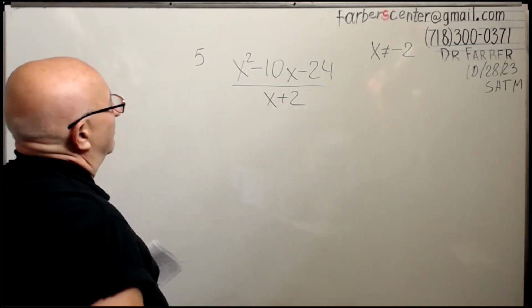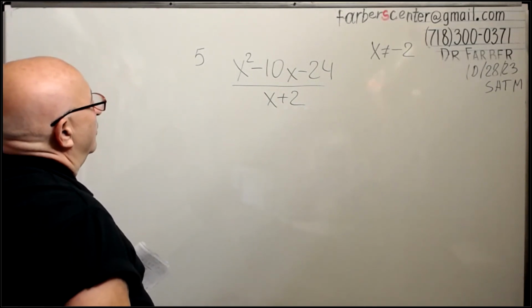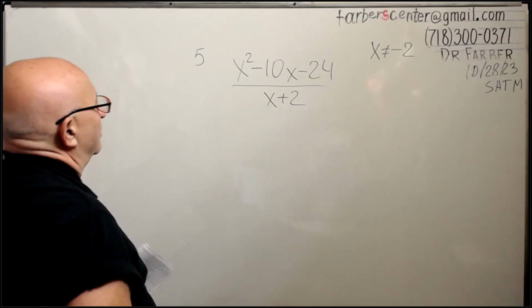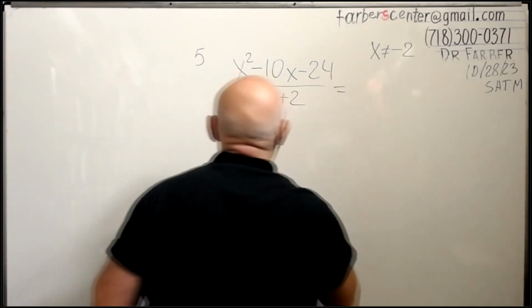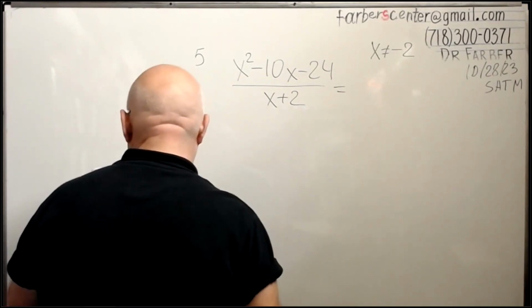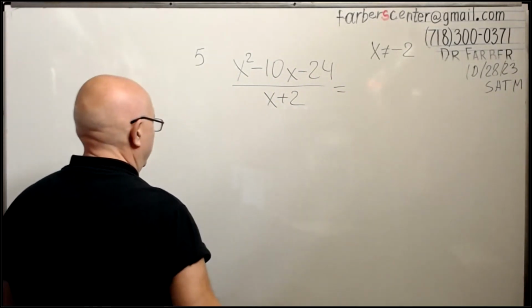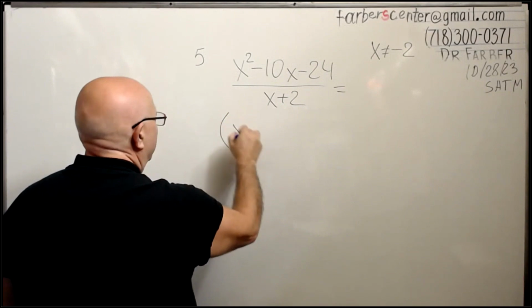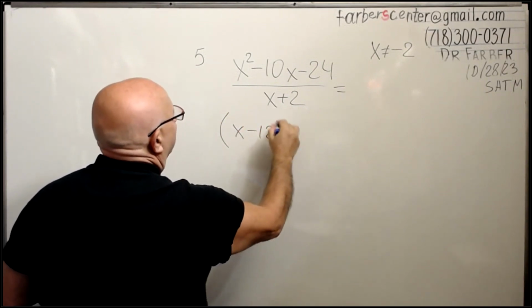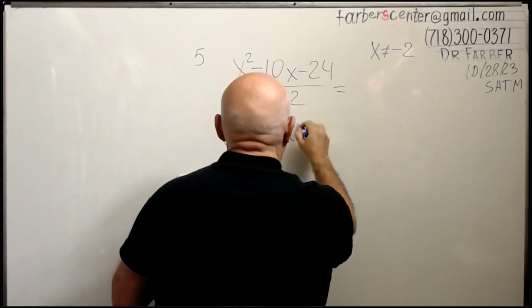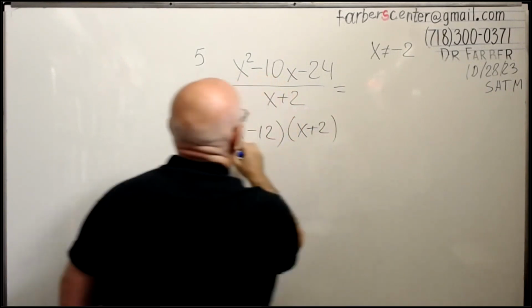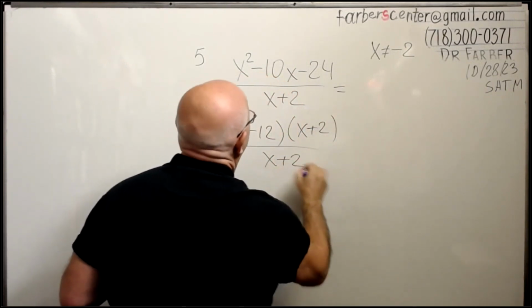You can use long division, or you can use the Francois-Vieta theorem to simplify. Because you have roots, and the roots are whole numbers, integers actually: x minus 12 times x plus 2 divided by x plus 2.